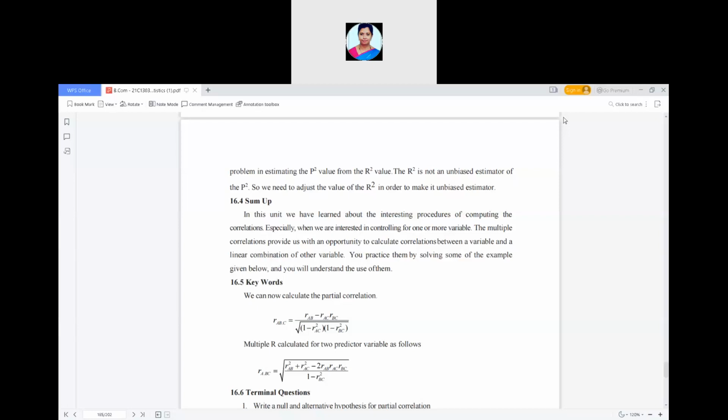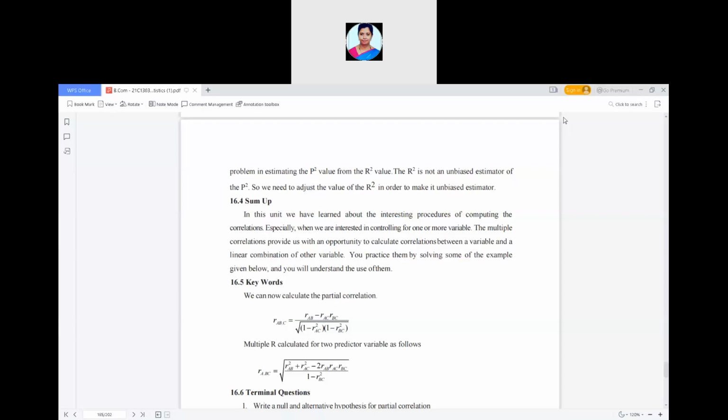Once again we should be aware of what RAB, RAC and RBC mean. We calculate the correlation between the corresponding variables and apply those values in the formulas. Therefore we calculate the multiple correlation as well as the partial correlations.